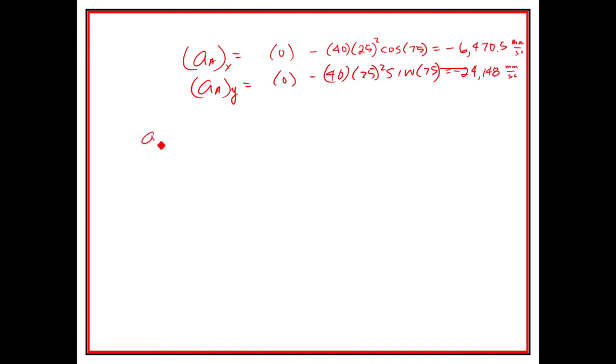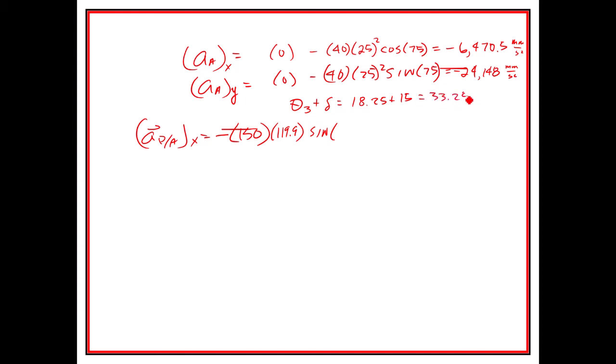And then if we wanted the AP with respect to A in the x direction, it's going to be a minus, from the equation up above that I showed previously: AP times alpha 3, which we found to be 119.9, times sine of theta 3 plus delta, which is 18.25 plus 15, 33.25.